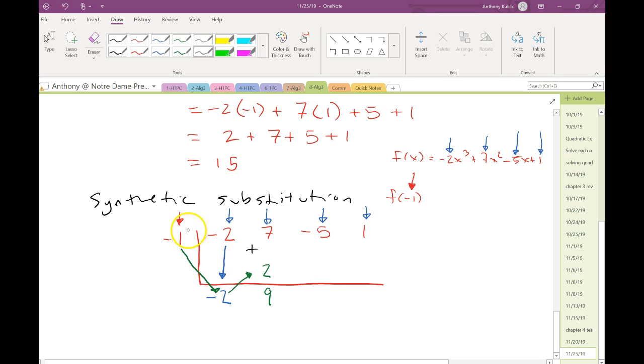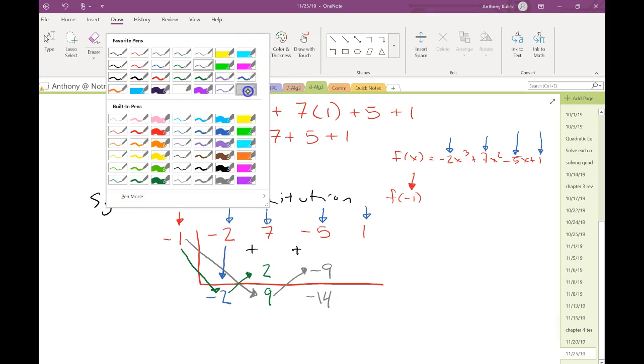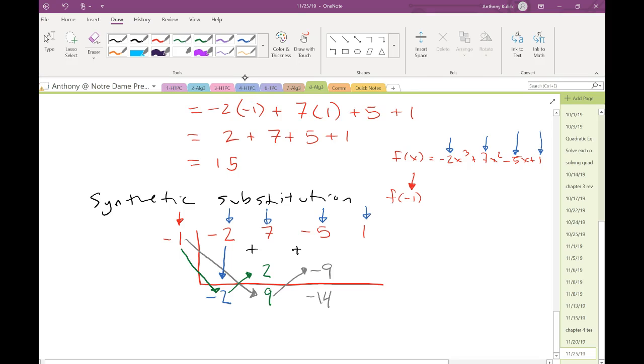Now I'm going to just continue. I'm going to do this same process until I've run out of spaces. So we'll do negative 1 times 9, and then we'll write the answer right there. And we'll add down. When I do that, I get negative 14. And we still have one more space left, right? So we'll do this one more time.